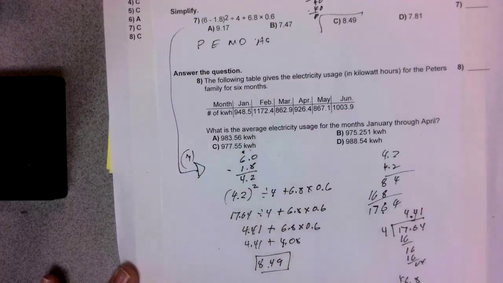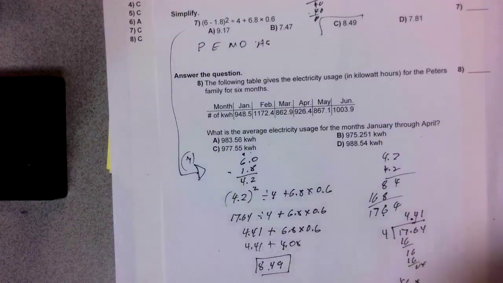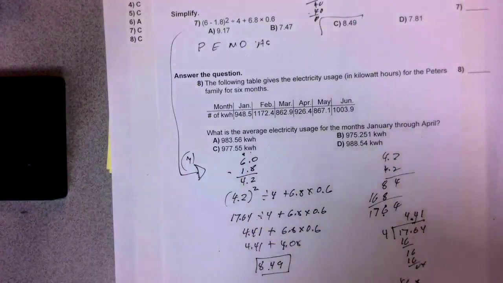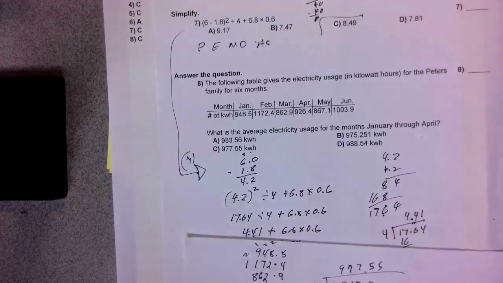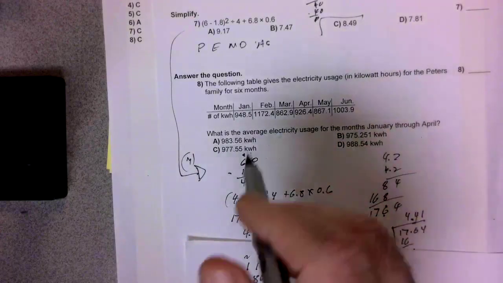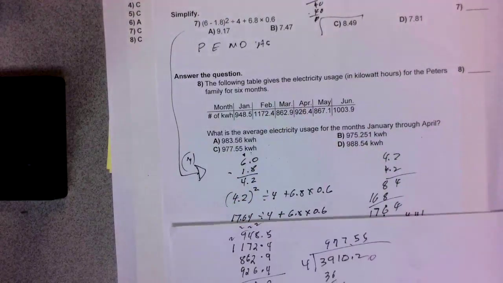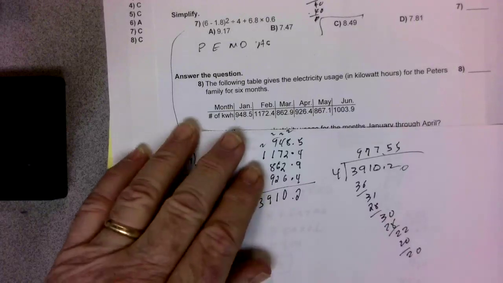And then this last one was just a little addition and then a little division. Let me see if I can find where we did that work. So here it is. What we had was, what's the average electricity usage for the months January through April? So January, February, March, April, that would be 4 months. And they gave me the data for each of those months.